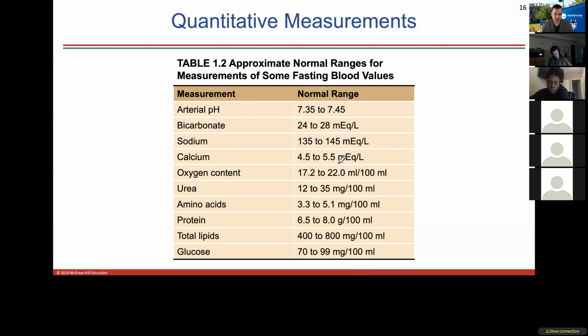But, for the most part, these are going to be some normal ranges of stuff that we try to keep things within. Again, if these things start to deviate, what does that indicate to you? Something's wrong, or something can be wrong. It may not necessarily be wrong.